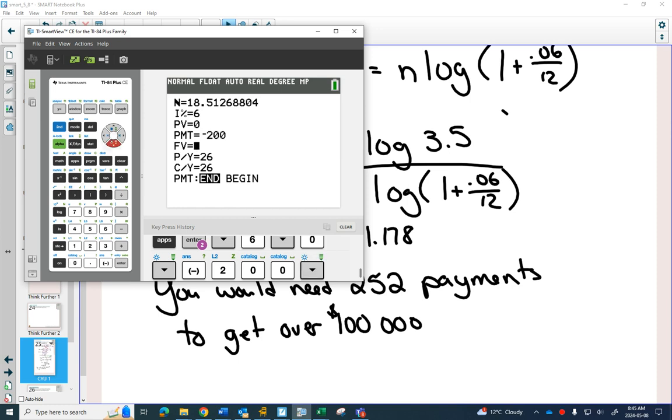In the future, we want the bank to give us back $100,000. Since they're giving that money back to us, that's going to be positive. You'd have to get some pretty big pockets to put $100,000 back into your pocket, but it'd be pretty fun to try.